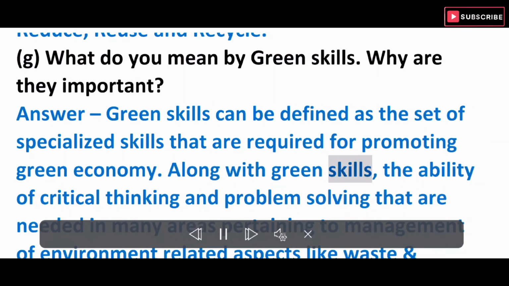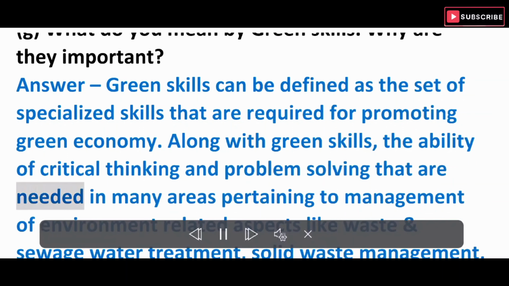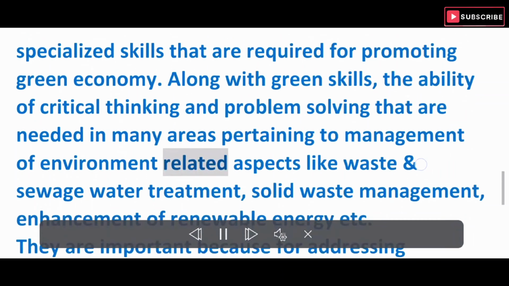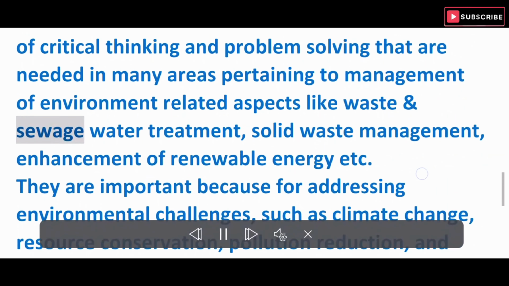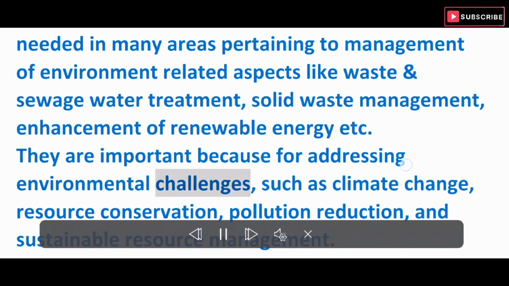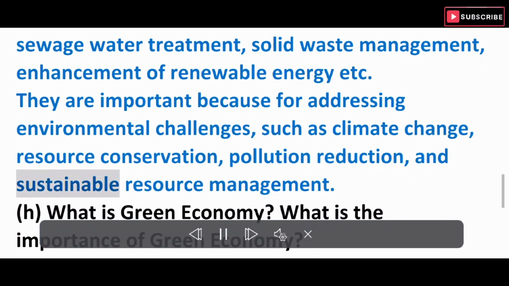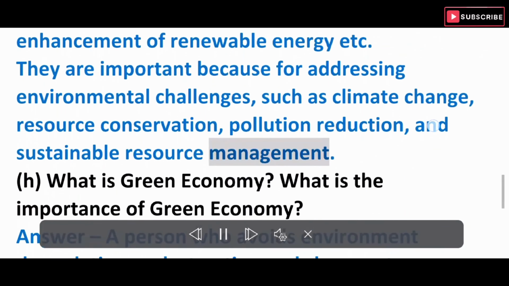Along with green skills, the ability of critical thinking and problem solving that are needed in many areas pertaining to management of environment-related aspects like waste and sewage water treatment, solid waste management, enhancement of renewable energy etc. They are important for addressing environmental challenges, such as climate change, resource conservation, pollution reduction, and sustainable resource management.